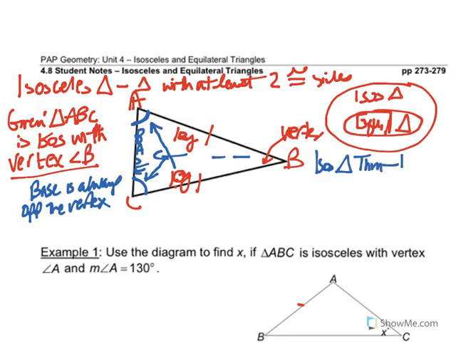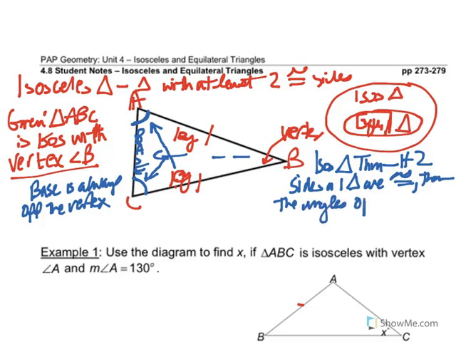It says if two sides in one triangle are congruent, then the angles opposite the sides are also congruent.